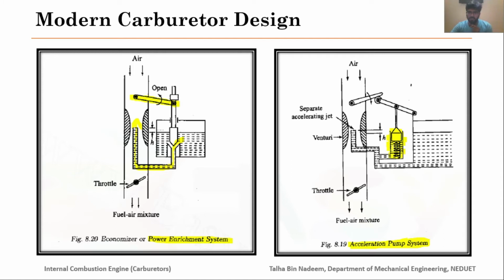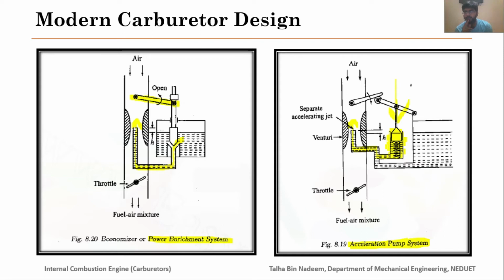Under normal circumstances this chamber will be filled with fuel, and when you accelerate your car, with the help of this link system this plunger will move downwards and force the fuel through these passages into the venturi throat, which will give you the additional amount of fuel required for the acceleration conditions.